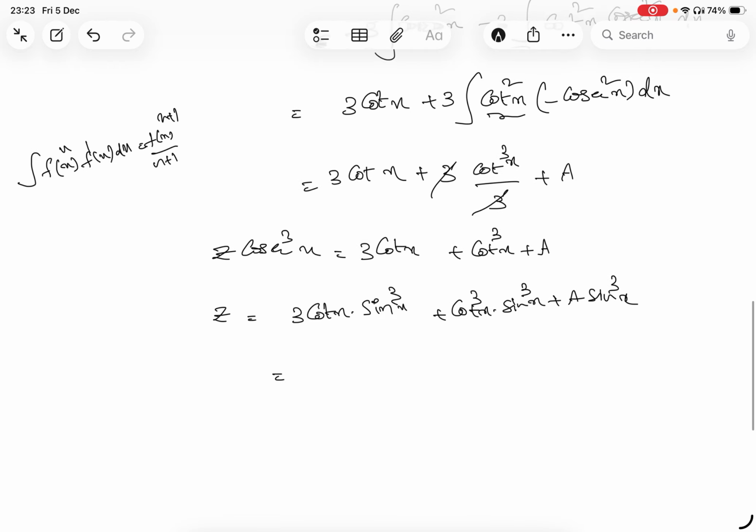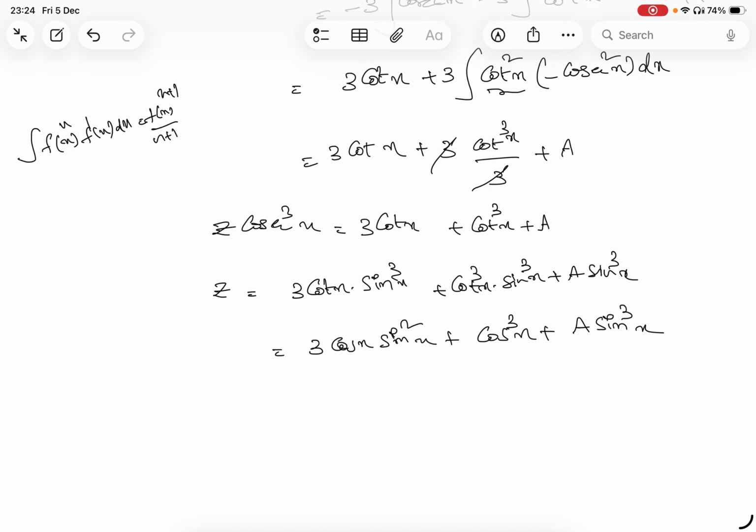Fine. Then this becomes, cot x is cos x by sin x. One of the sin x will get cancelled. Then this becomes 3 cos x sine square x. Here sin cube x will get cancelled and you are left with cos cube x. And this is the final term, a sine cube x.